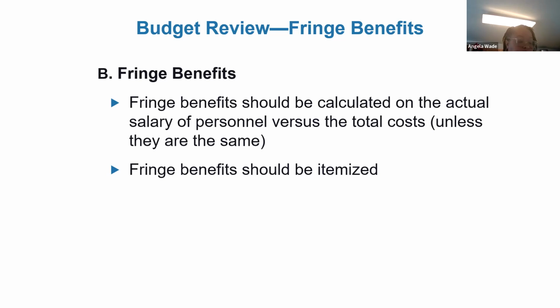You also want to make sure when you're calculating your fringe benefits that you're using the amount of salary that you're charging in the personnel category. Again, it's very important with fringe benefits that you itemize them out. This is one of the many reasons why we may return your budget back to you, because we don't know what makes up your fringe benefits. Next slide, please.